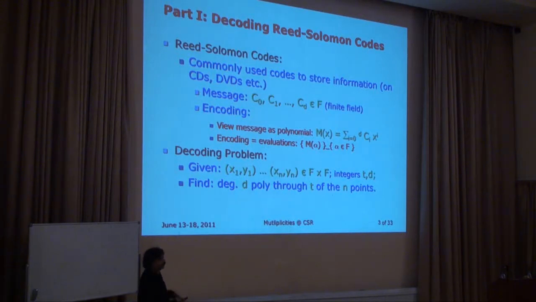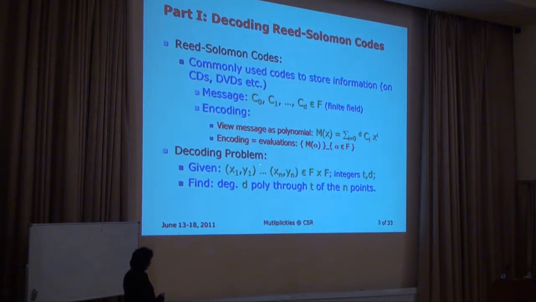We know that polynomials disagree very often if they are different. So a low degree polynomial cannot be 0 too often. Two low degree polynomials cannot agree too often, and that turns out to be a very useful element in the performance of these codes as well as in their algorithmic abilities.